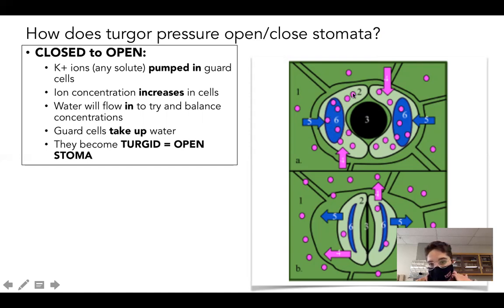And this is when we consider the cell to be turgid. And so this is an open stomata. And so that's how it goes from closed to open.